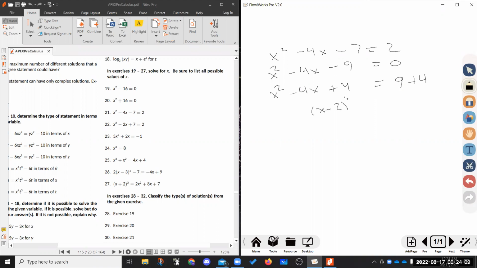X minus 2 squared is equal to 13. X minus 2 equals plus or minus root 13. X equals 2 plus or minus root 13. Those are my answers that I would get from the quadratic formula: 2 minus root 13, 2 plus root 13, and I got those answers from completing the square instead of using the quadratic formula.